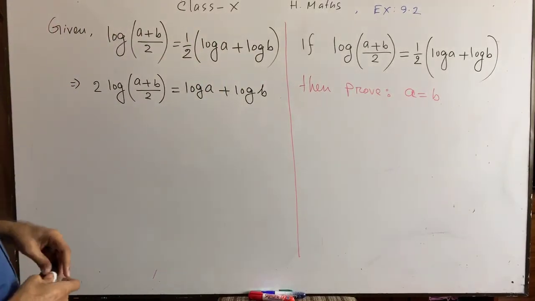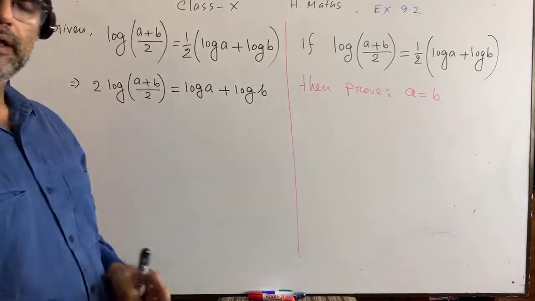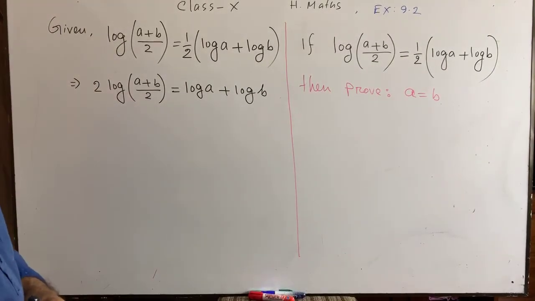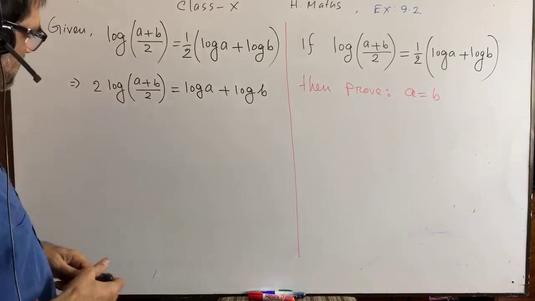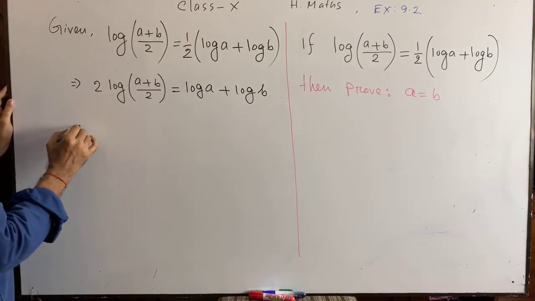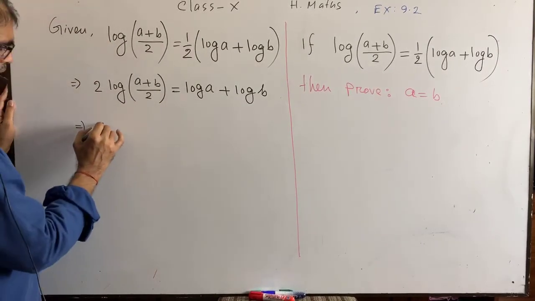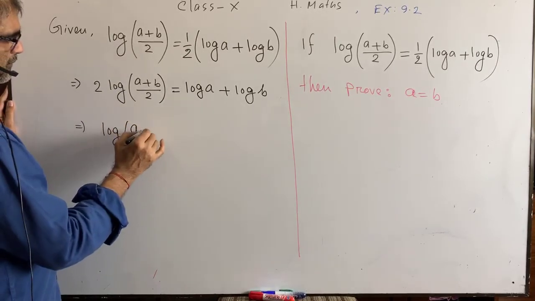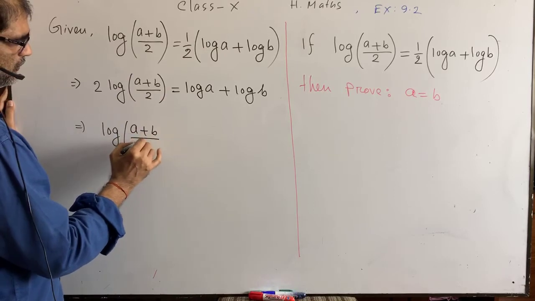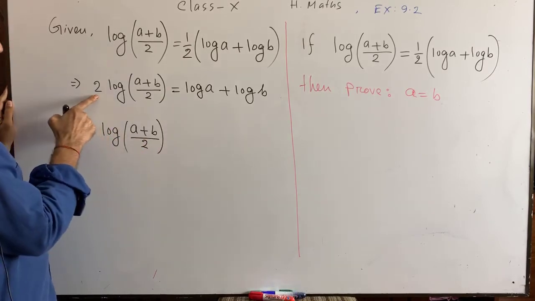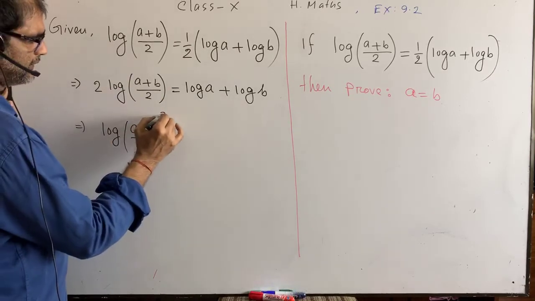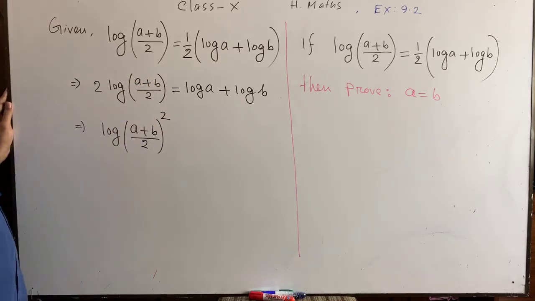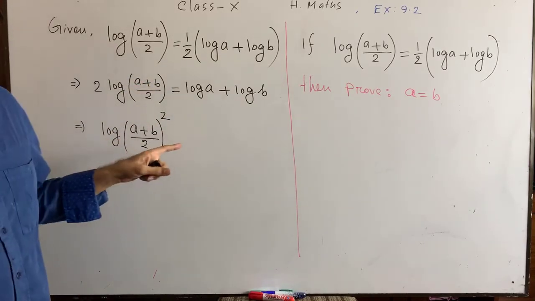I have multiplied both the sides by 2. Now you see, dear students, it is log of a plus b by 2, and this power 2 can be taken here. Is it? This can be taken here, right?